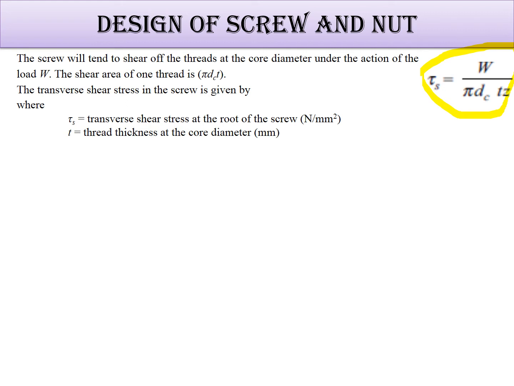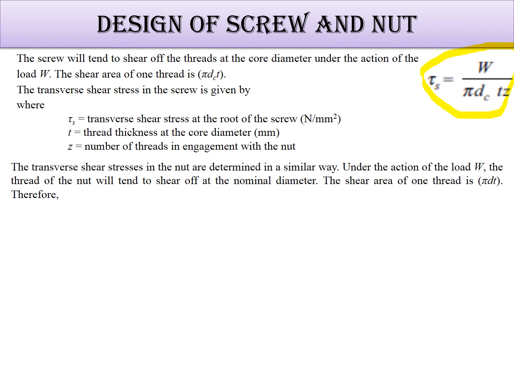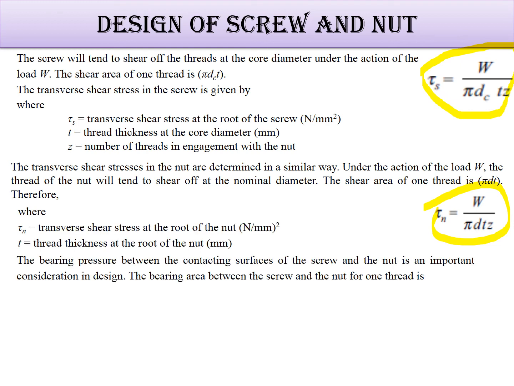Tau s is the transverse shear stress, t is the thread thickness at the core diameter, and Z is the number of threads in engagement with the nut. The transverse shear stress in the nut is determined in a similar way. This is for the screw, and this is for the nut.